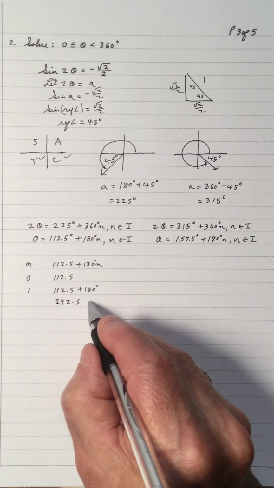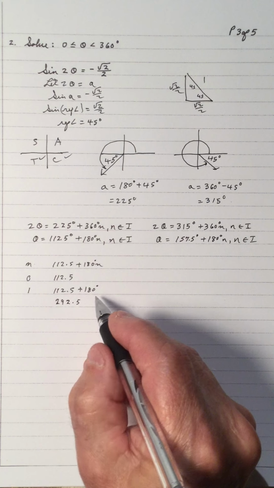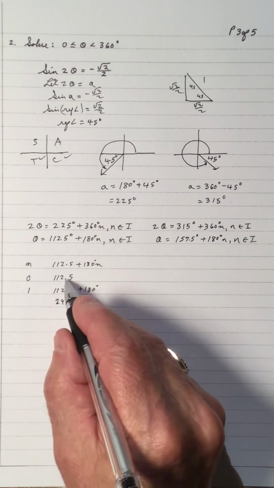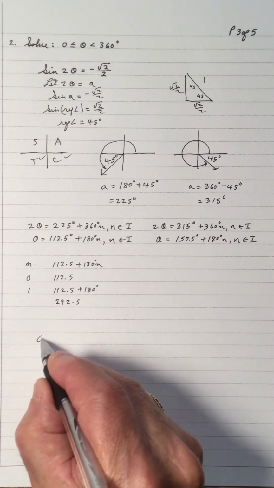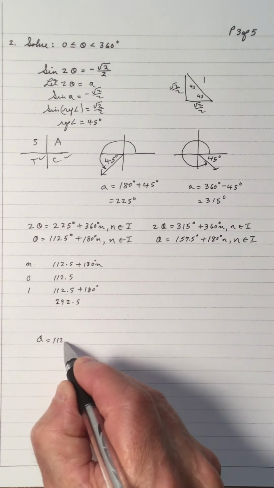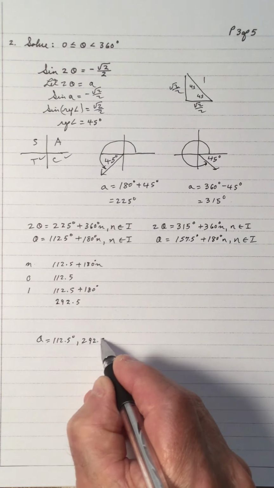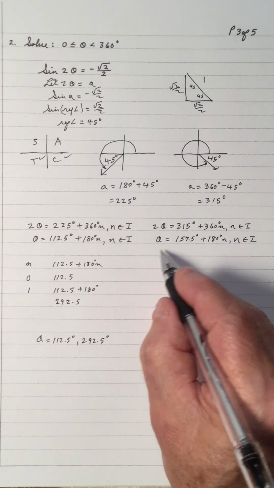I can't add. And if I put 2 in, I get more than 360. So there are the 2 angles for this one: 112.5 and 292.5.